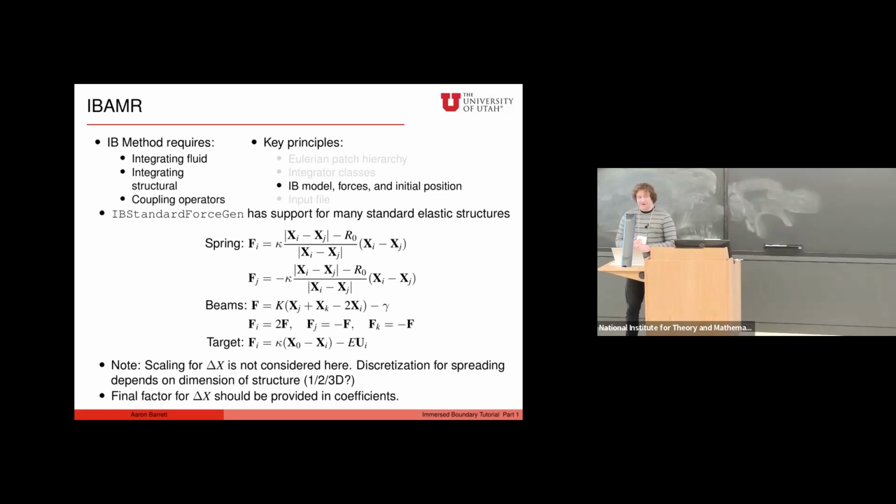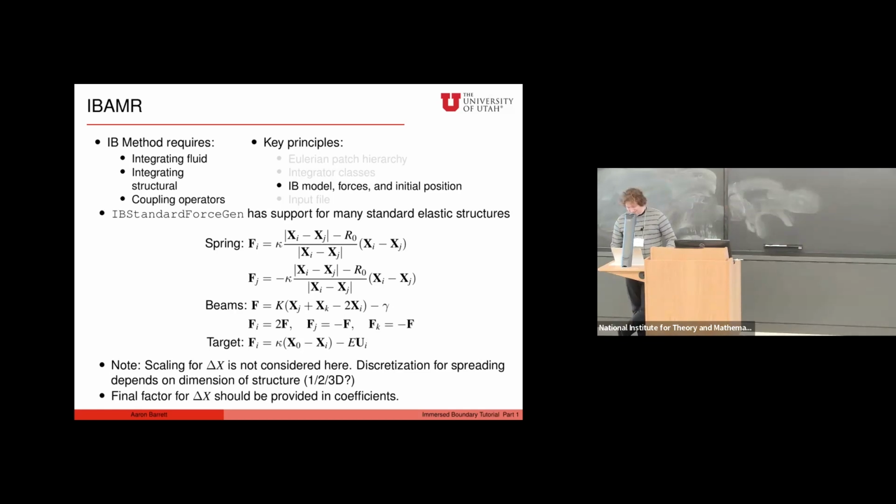In IBAMR, at least for these models, we don't know what kind of structure you have. And so you need to make sure that you account for all of the scaling in these constants. And that is done, I think, in all the examples that are presented. I hope so. That'd be bad.